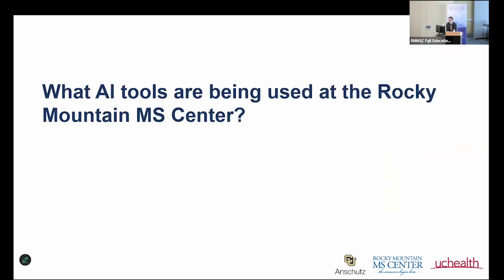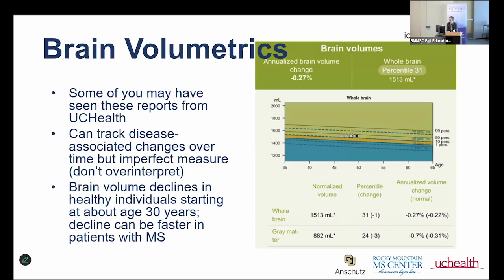As far as tools specifically for the MS center here, a lot of you who are my patients have probably seen these reports before, but depending on where you get your MRI, we've started for a few years now using this program called IcoBrain MS. That allows us to track brain volume.